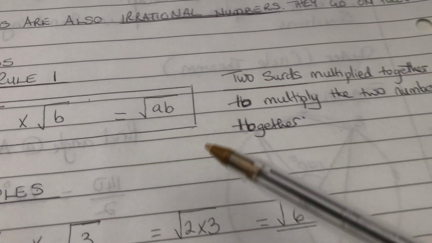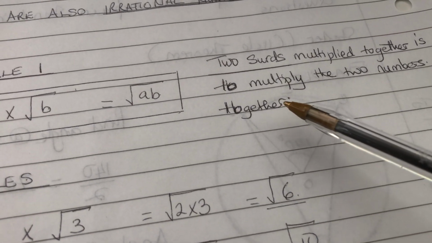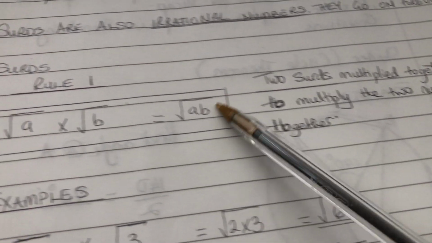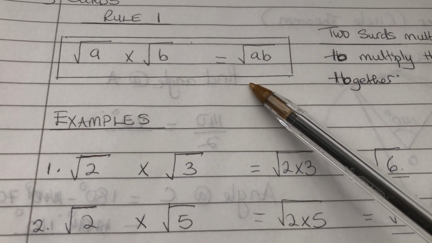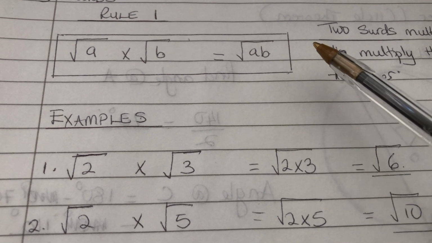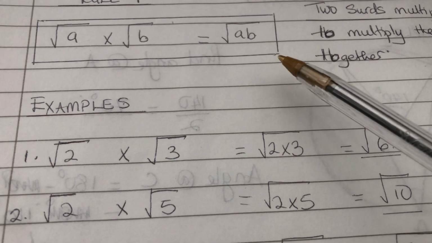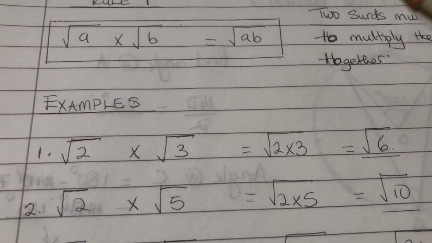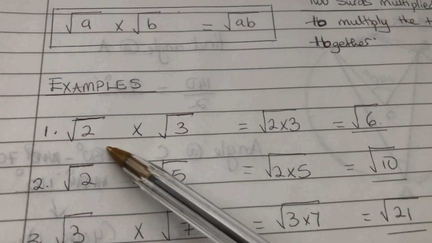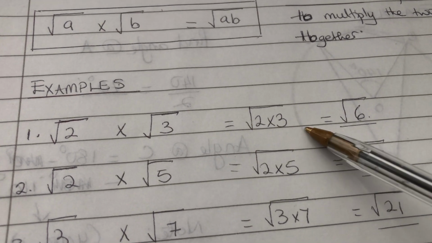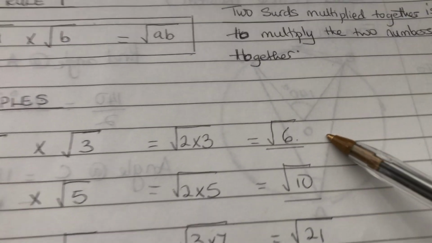Two surds multiplied together give the root of the product of the two numbers. So for example, root 2 times root 3 will be root of 2 times 3, which is root 6.